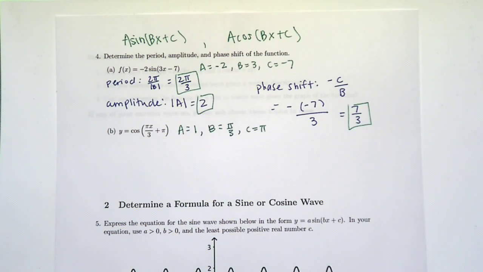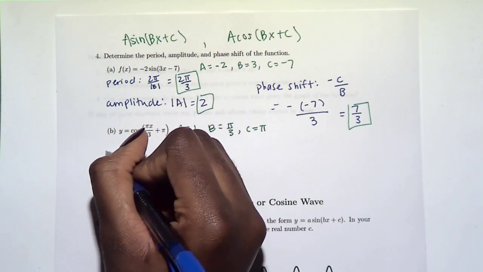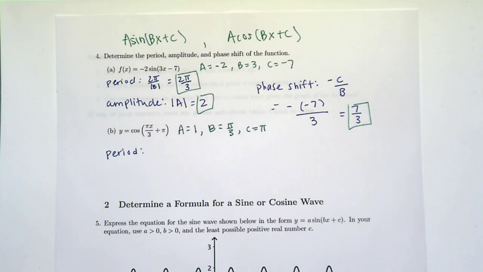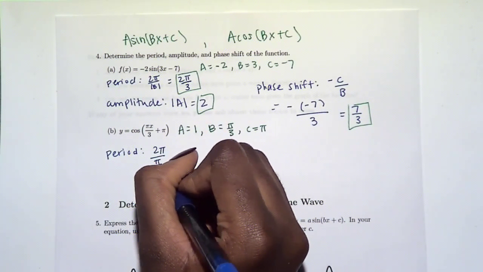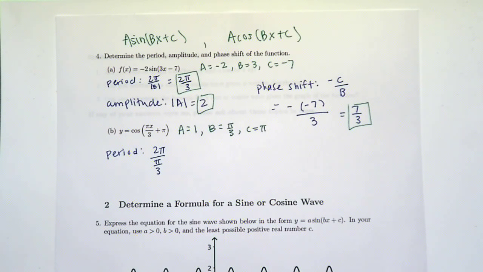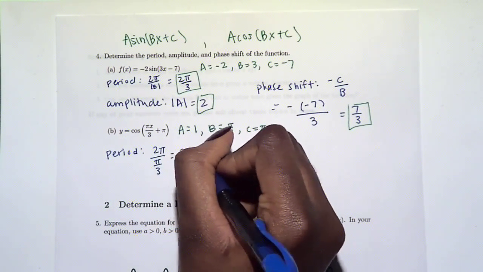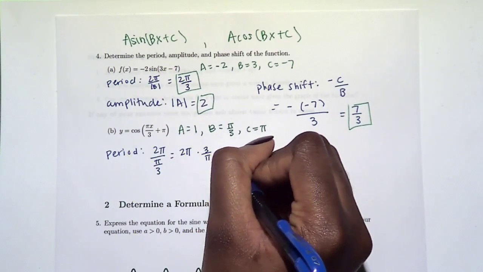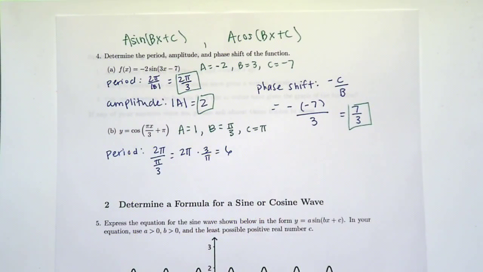And we're going to do the same thing, find the period, amplitude, and phase shift. Using our formulas, 2 pi over the absolute value of b. All right, so remember, we can multiply by the reciprocal. So the period is 6, so it's going to go 6 units before it repeats.